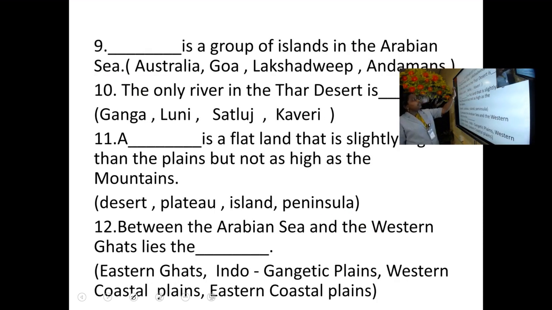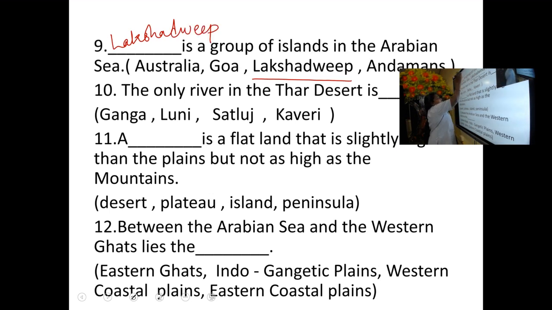Now, the ninth one, dash is a group of islands in the Arabian Sea. Options, Australia, Goa, Lakshadweep and Andamans. The answer is Lakshadweep. Andamans are located in the Bay of Bengal. Lakshadweep Islands are located in the Arabian Sea.